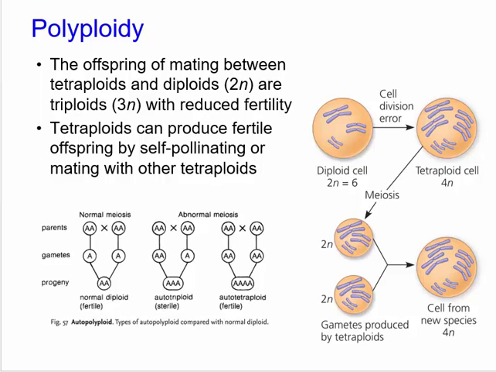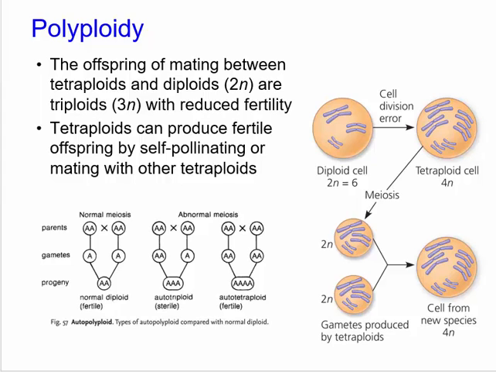Now, if you have the mating between a tetraploid and a diploid organism, you end up with a triploid, 3N. Triploids typically have reduced fertility, so here's a hybrid between these two different organisms that doesn't do very well.